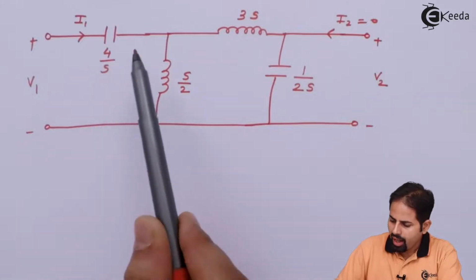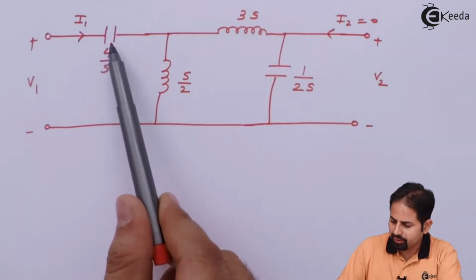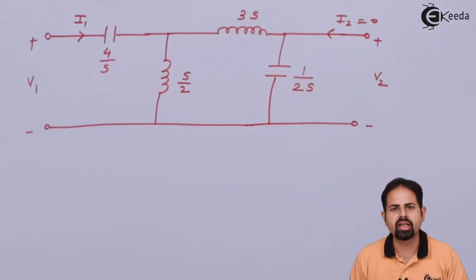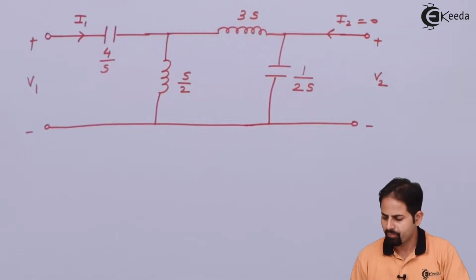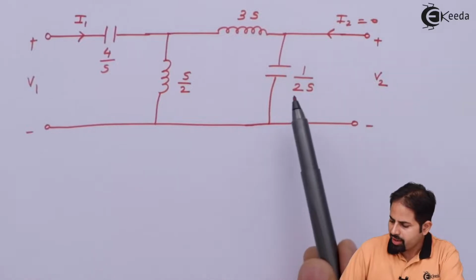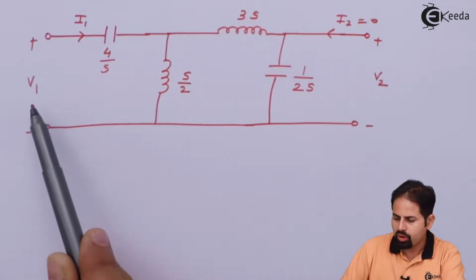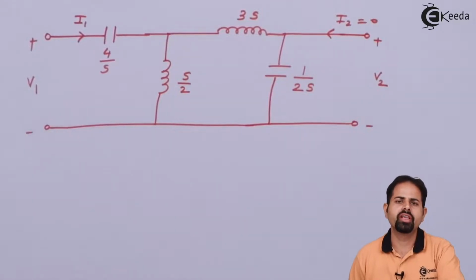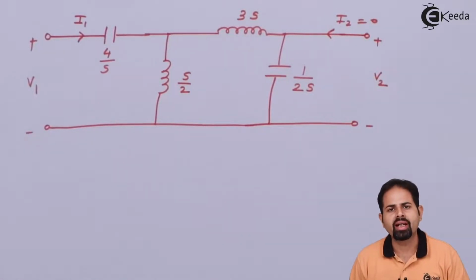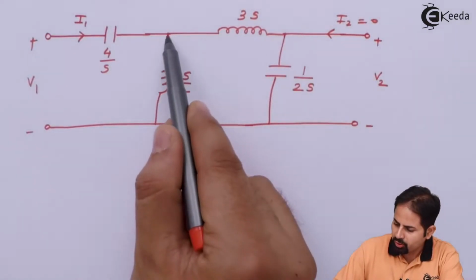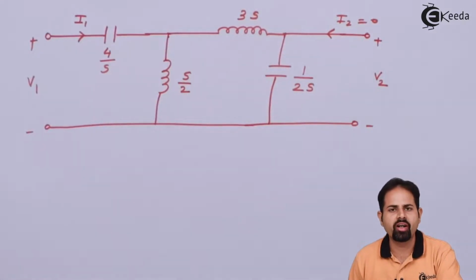So here I have represented this capacitor, inductor and all the respective parameters with their respective impedances. Now again we have to go from V2 and come to V1, because we need V2, V1 and I1. These are the nodes which are yet to be defined, so let us define them with some values like VA or VB.